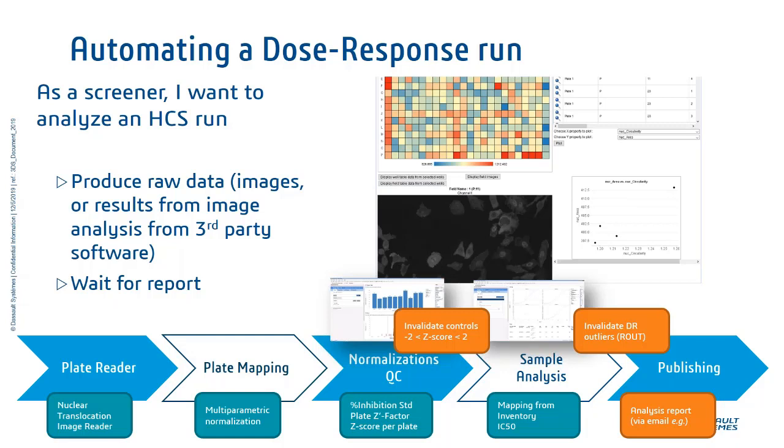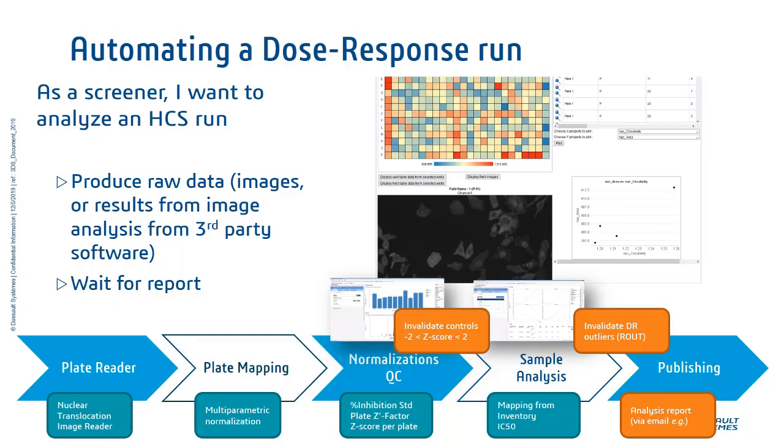And you can see in the orange boxes that at the QC steps, we have added the possibility to automatically invalidate control wells, for example. So in our case, we have used a pretty standard and easy invalidation based on the Z-score of the control wells.